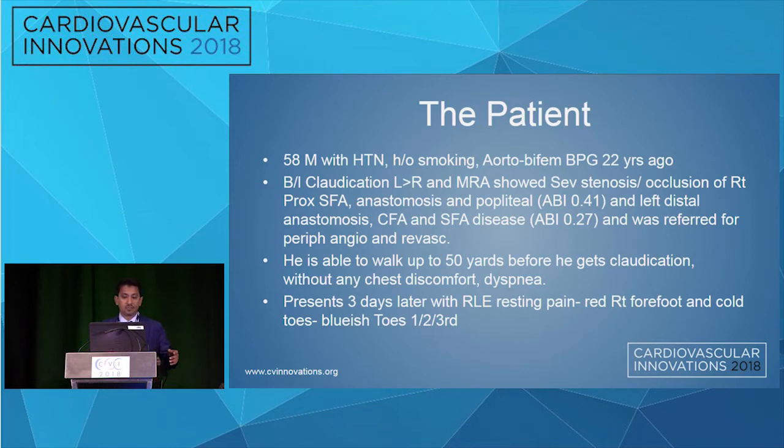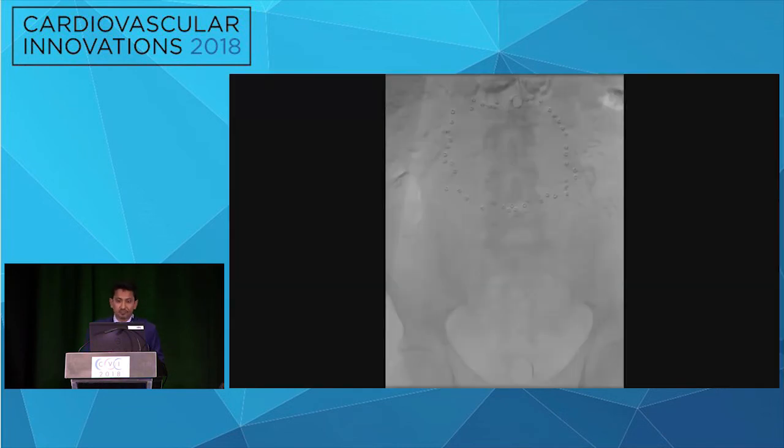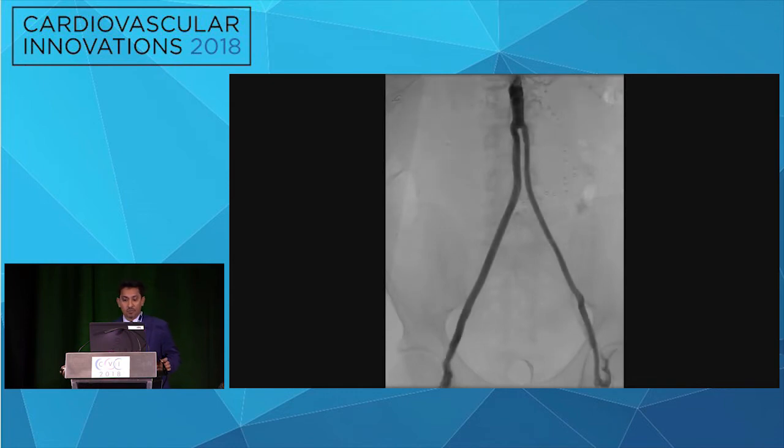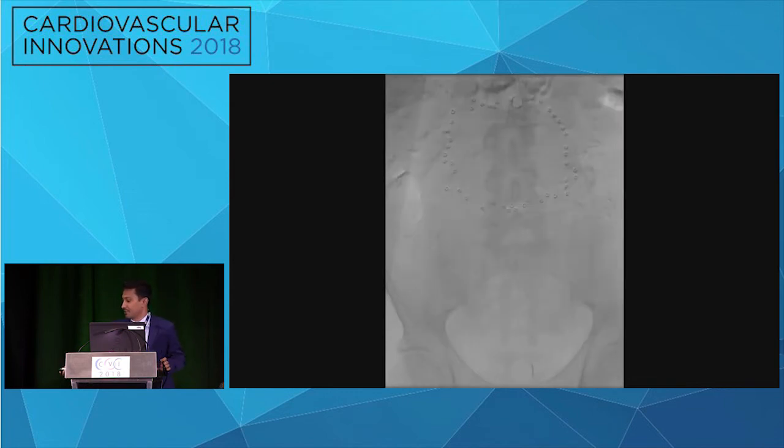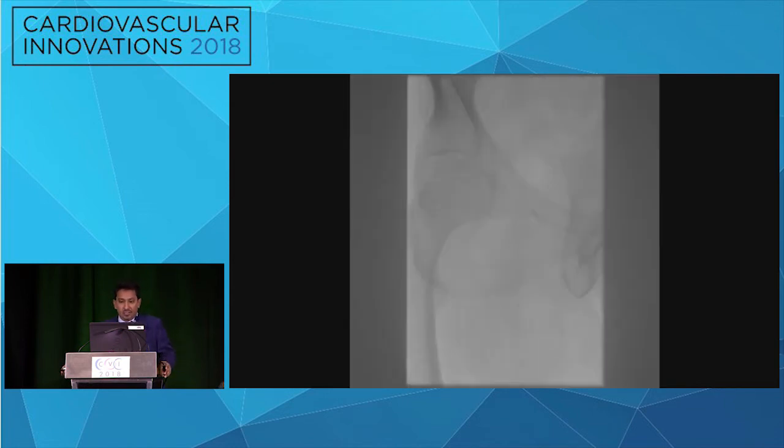He presents with the other leg, where the ABI was actually slightly better at 0.4. He presents with extreme pain and a bluish first, second, and third toe. So there will be multiple points where we'll need to stop and think. You see the graft. The graft looks beautiful from 22 years ago, but this is where all the problem lies.